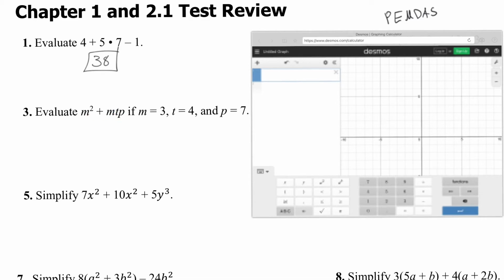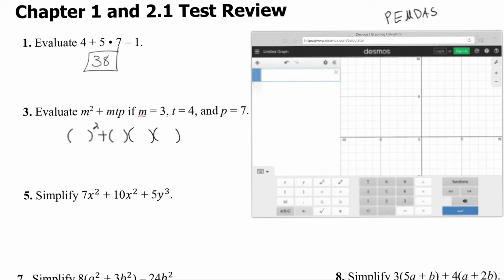First, we need to substitute the values into the corresponding variable. And to do that, we are going to use parentheses. Every time you guys substitute a number, you guys use parentheses. So that m becomes a parenthesis, and I have the squared, plus m becomes a parenthesis. Now notice that in between the variables here, we don't have any signs, so we are multiplying. So I'm not going to use any signs. I'm just going to use another parenthesis and another parenthesis.